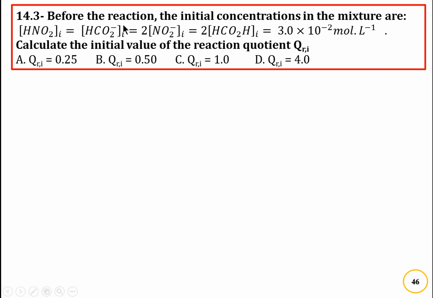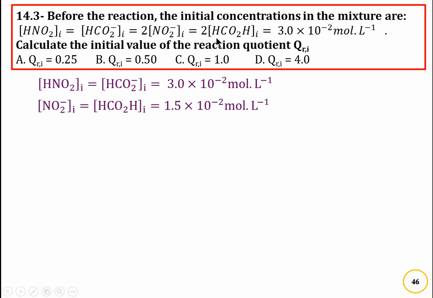14.3, before the reaction, the initial concentrations are HNO2 initial equal to HCO2 minus initial equal to 2 times NO2 minus, 2 times HCOOH. So calculate the reaction quotient Q of the reaction. The initial concentrations are equal to 3 times 10 to the minus 2.